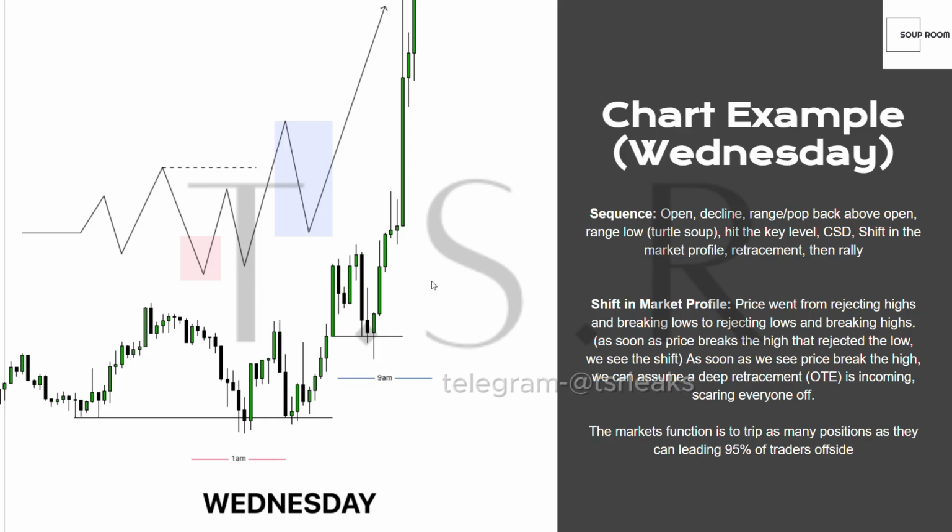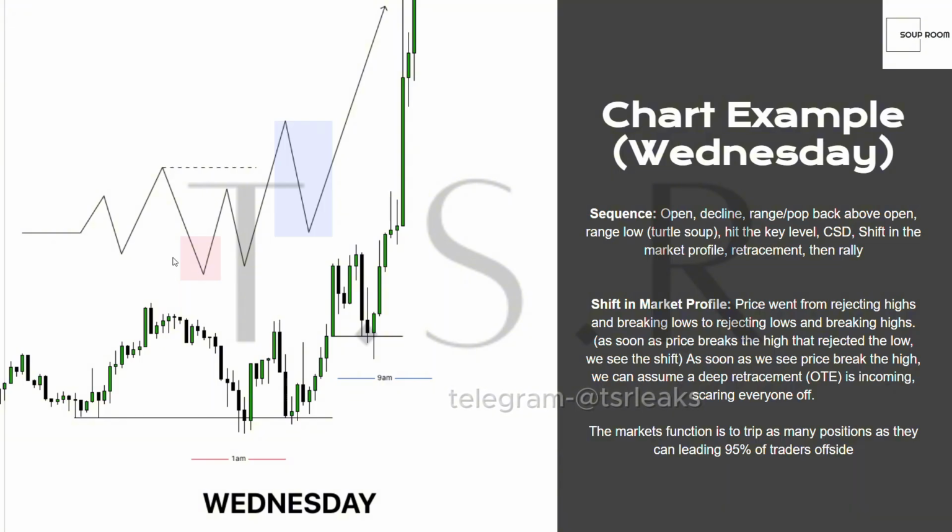So let's take a look at a chart example here. This is Wednesday's price action. The sequence on the left side here is an open. Price opens, declines, turtle soups a low, a 15-minute low is turtle souped, and a key level is hit.